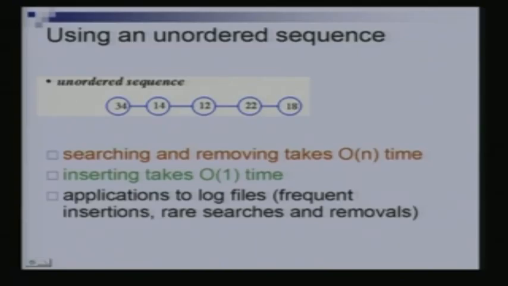So, insertions are very frequent, but searches and deletions are much rarer, and in that case this implementation is good, because insertion takes only constant time. So, you really have to see between these three operations which is the operation which is being performed more frequently to decide what type of data structure to use to implement the abstract data type, the dictionary.